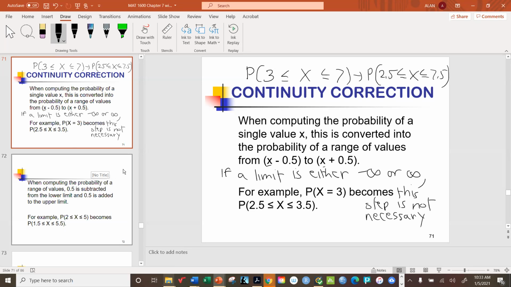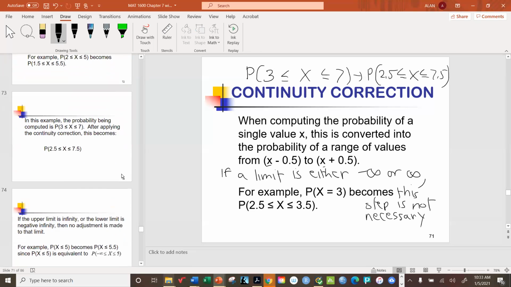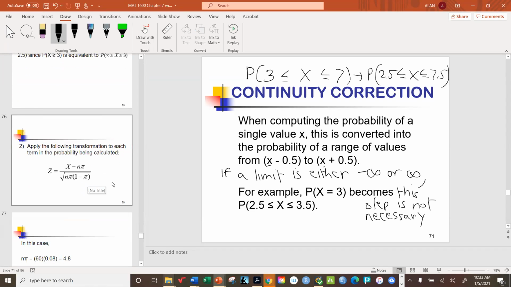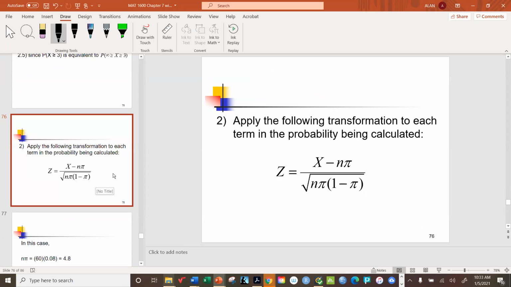All right, now once that's done, if you want to use the chart, you can use this new formula. Now remember, this is the equivalent of what we did before.